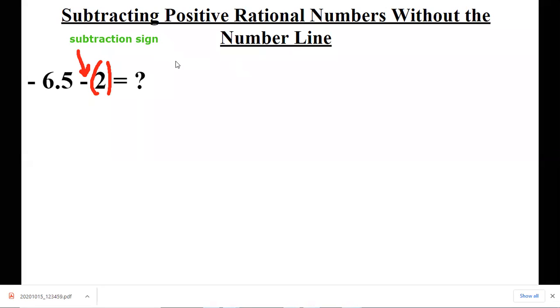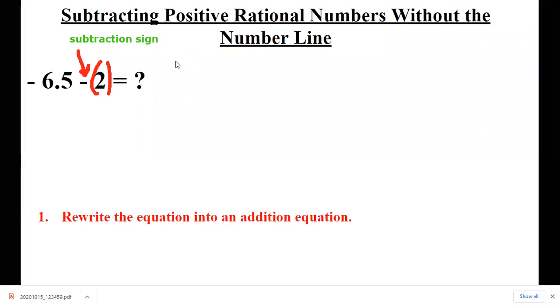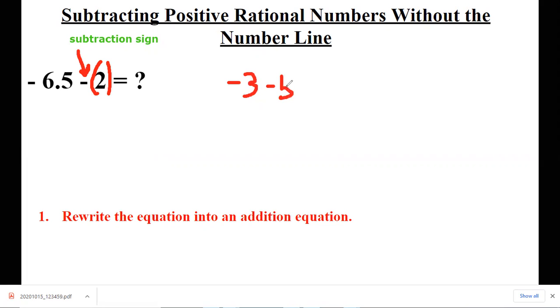All right, how do we do this without a number line? Well, we rewrite the equation into an addition equation, just like we did with integers. Remember what we did with integers? If we had negative 3 minus 5, we would rewrite that as negative 3 plus negative 5.